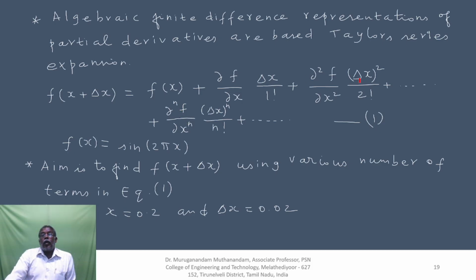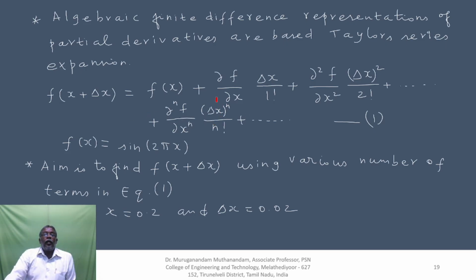Using these values of the function f and partial differentials of various orders, we can find the value of the function at x plus delta x location. So this is equation 1, which is the fundamental for the algebraic finite difference representation of the partial derivatives. This equation 1 is called Taylor series expansion.